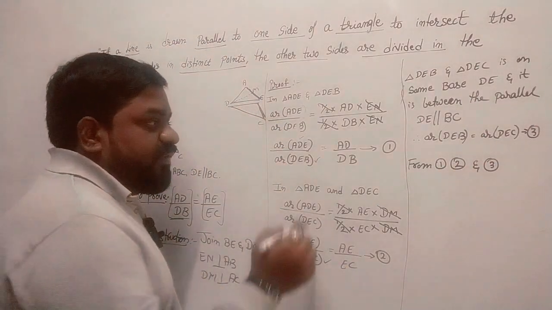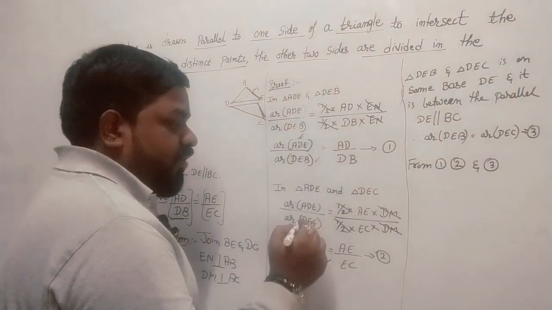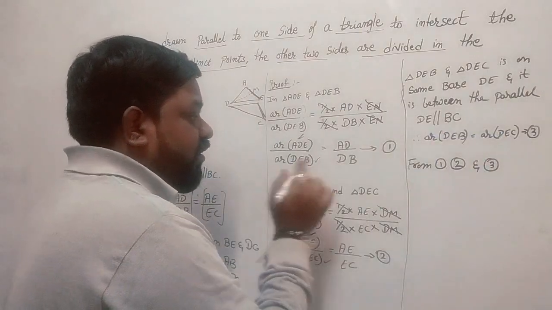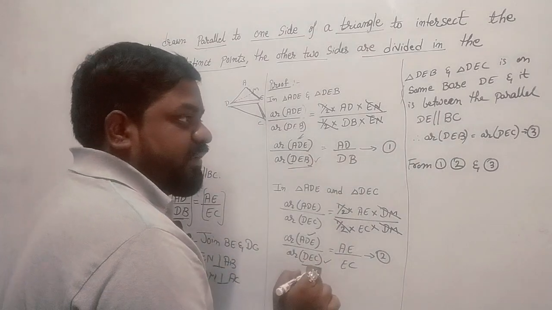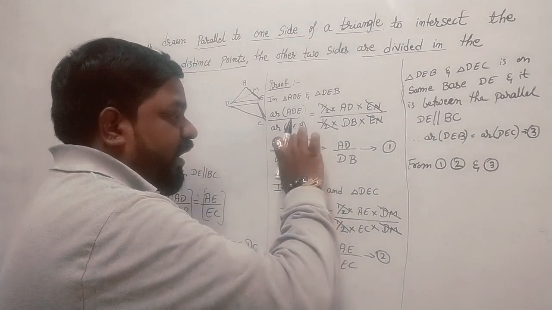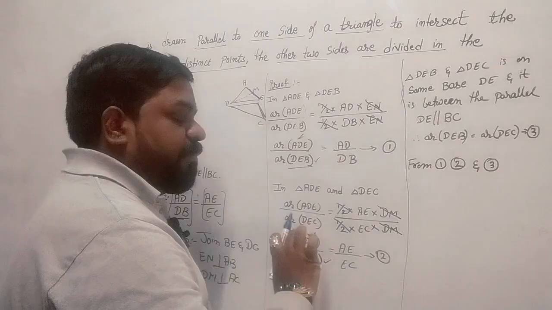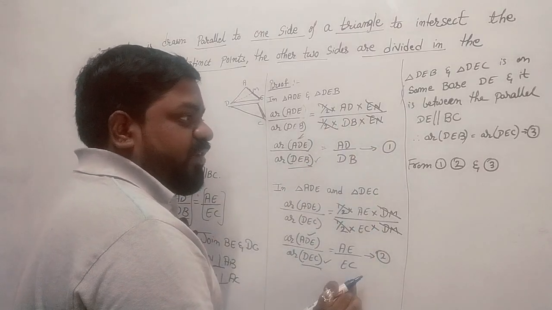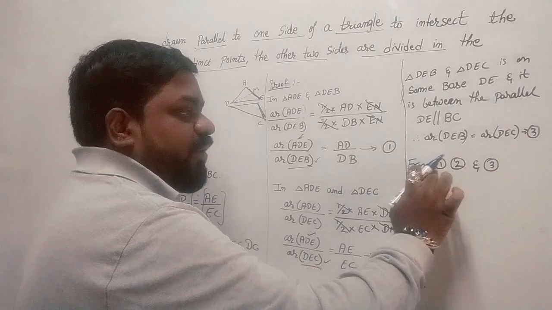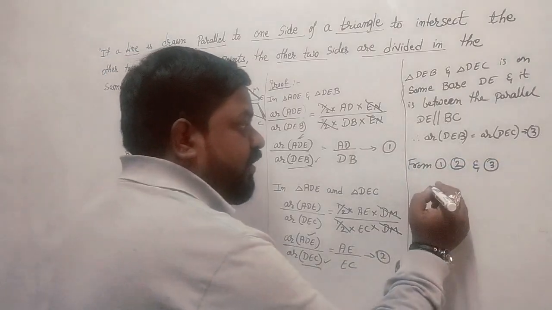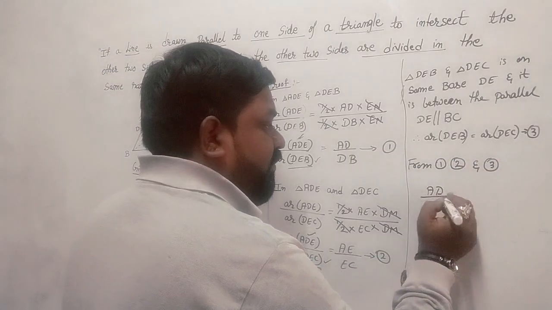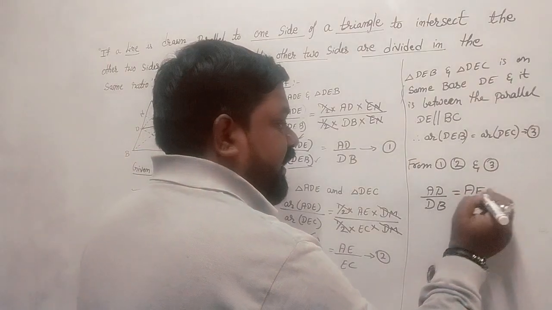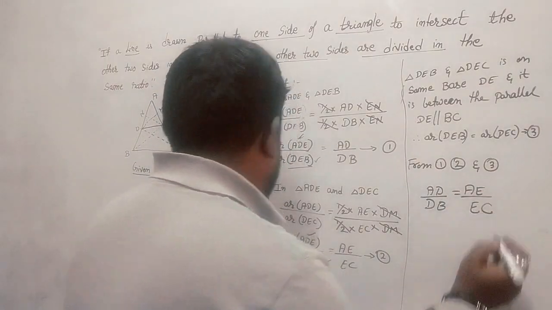In the numerator ADE is the same, and we got DEB and DEC the same. So the LHS is equal, which implies the RHS of the two equations are equal. Therefore, from equations 1, 2 and 3 you can write AD by DB is equal to AE by EC.